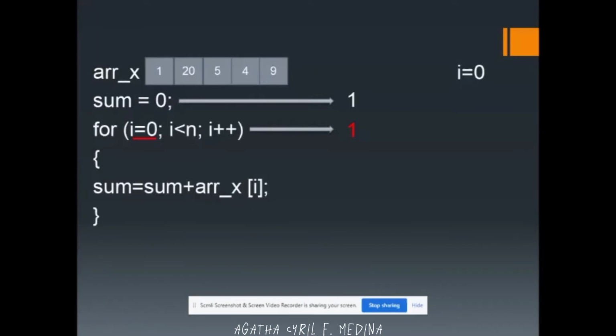So, mag-i-increment po ulit yon, then mag-ask ng condition. So, ganito pang mangyayari. So, paulit-ulit lang po siya hanggang sa yung i is mag-equal to 5. Mag-i-stop na po yung loop natin dyan.